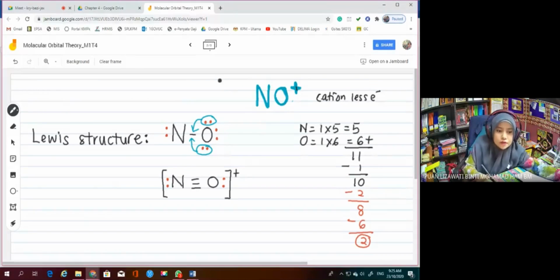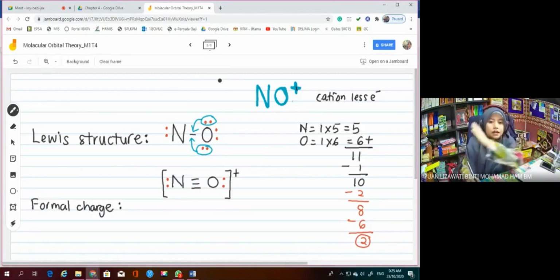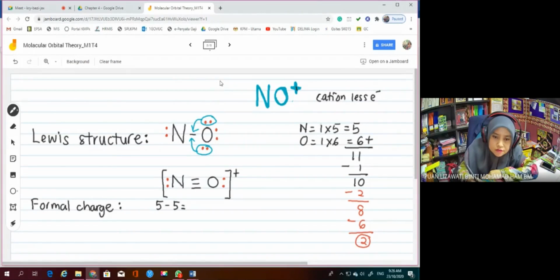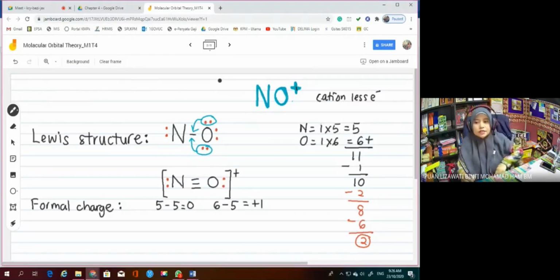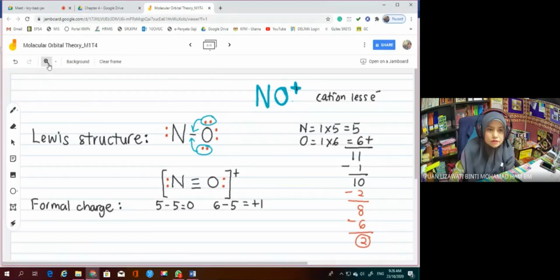Right, so now in order to identify the charge here is refer to which atom? Nitrogen or oxygen? Kira-kira lah formal charge. So meaning that the oxygen is not neutral lah, positive 1. Okay, now okay dah.